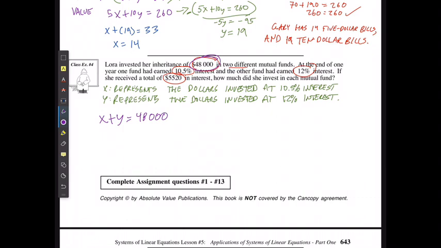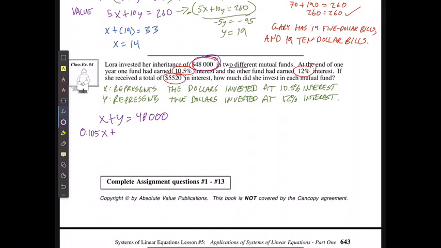The second part is the value equation. Well, the value equation is going to be how much she's getting back, or multiplying it by the value that she got. If I invested a certain amount x at 10.5% for 1 year, well, 10.5 percent means out of 100, that means that I have 0.105 as the actual value of that, multiplied by how much I invested.